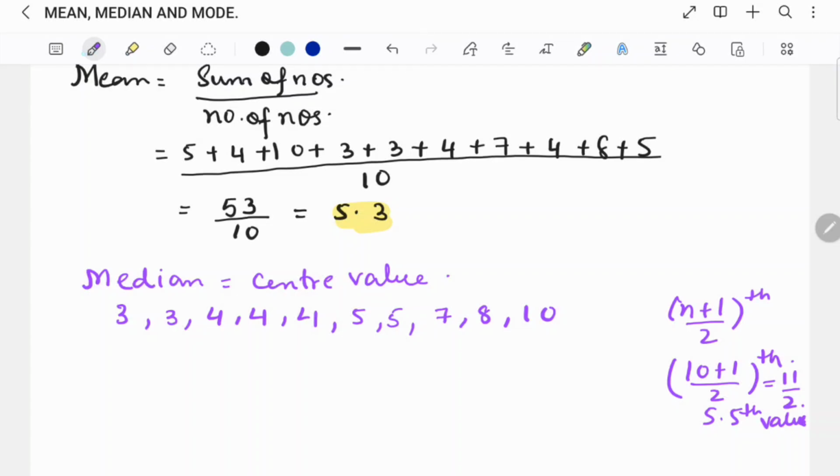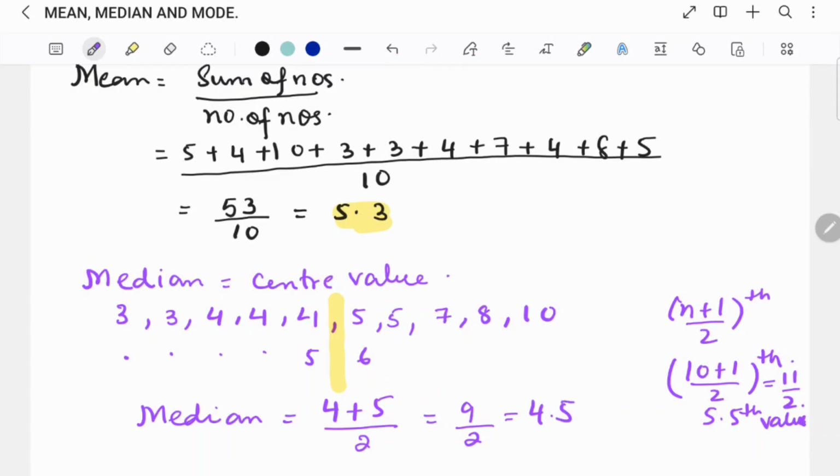We have the 5th value and this is the 6th value, so we see the center of these two values. Otherwise, for the center of two numbers, you just add the two numbers and divide by 2. That is 9 upon 2, which equals 4.5. So 4.5 is your median.